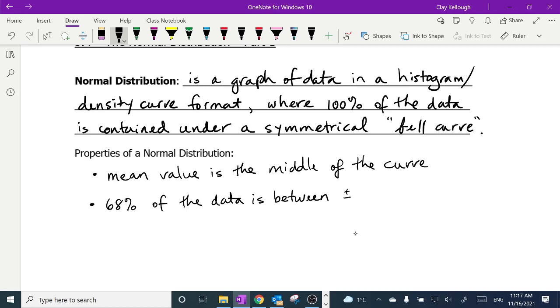Are you guys cool with that symbol, plus or minus? You've seen that in math before, right? Plus or minus. You can just write a little plus with a minus under it.